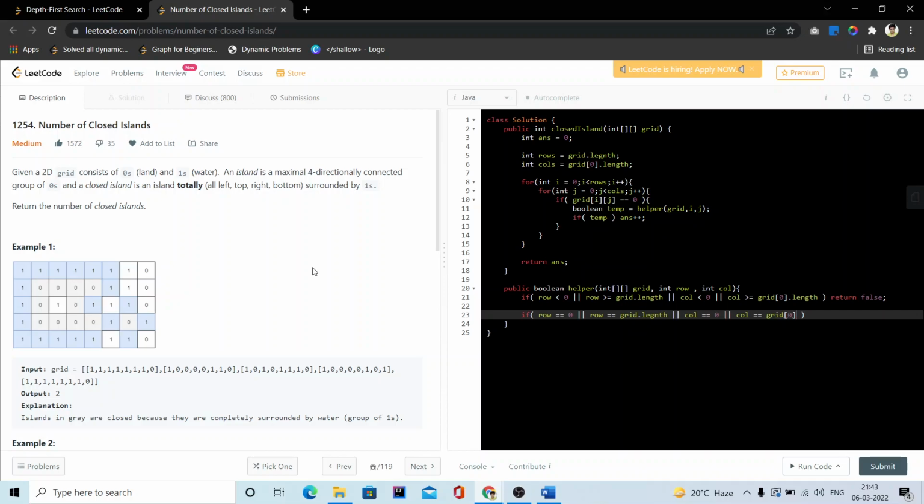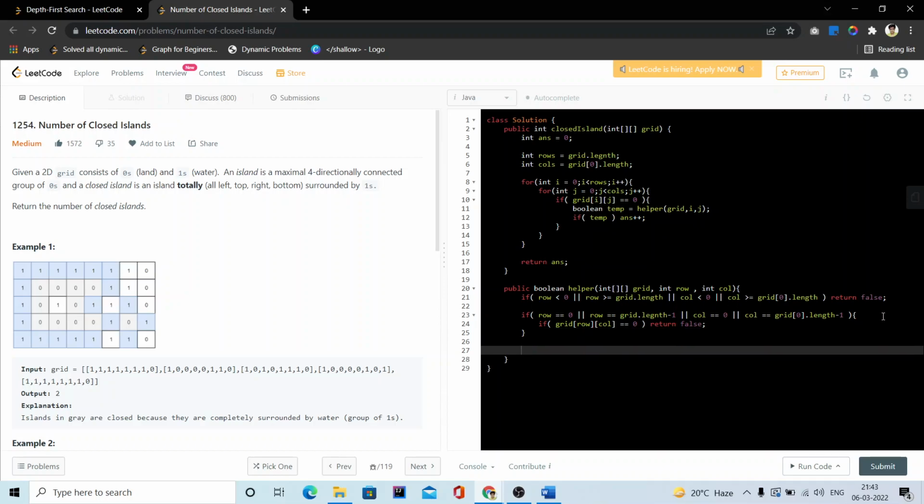Or if we are lying on our boundary conditions and we encounter a zero over there, we would return false, as this zero would not be covered by ones from all of its four sides, so it would not be a closed island. Otherwise, if we found a one, we would return true.